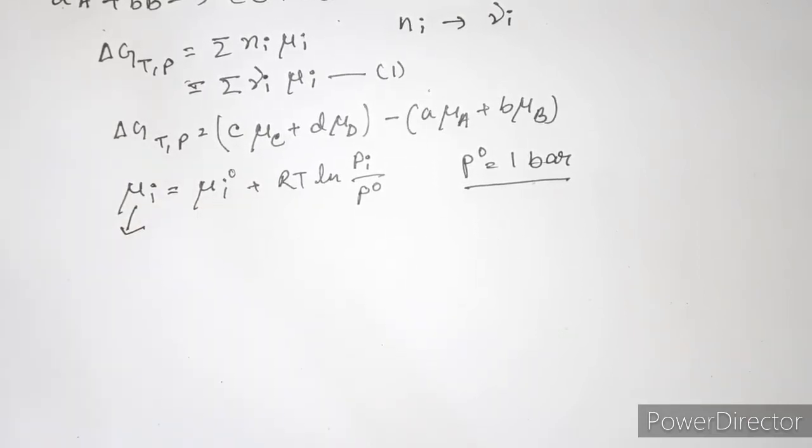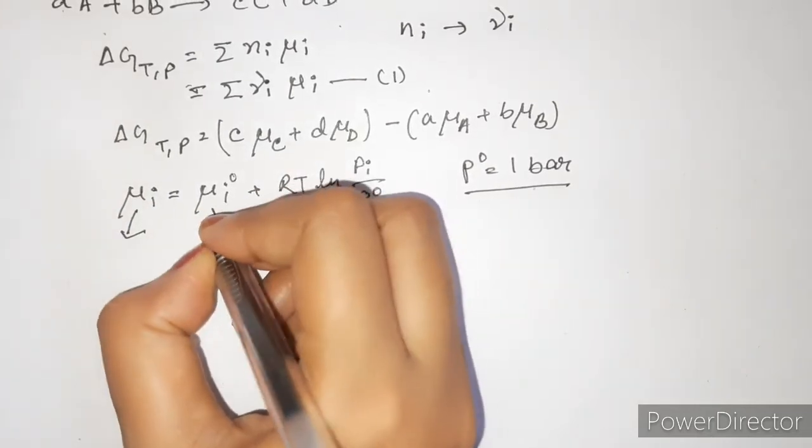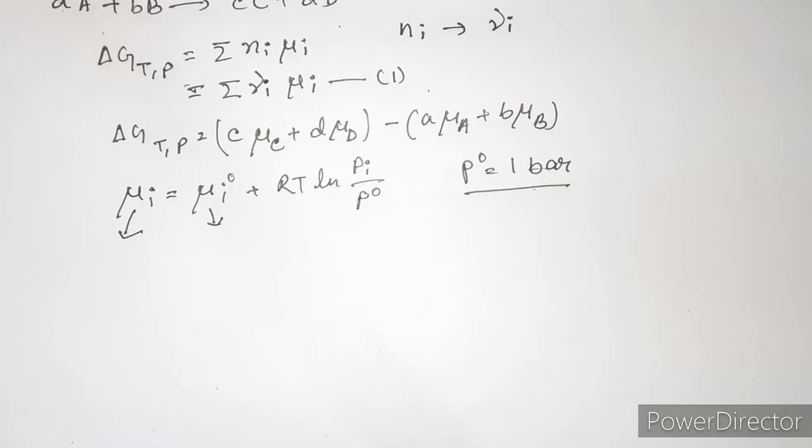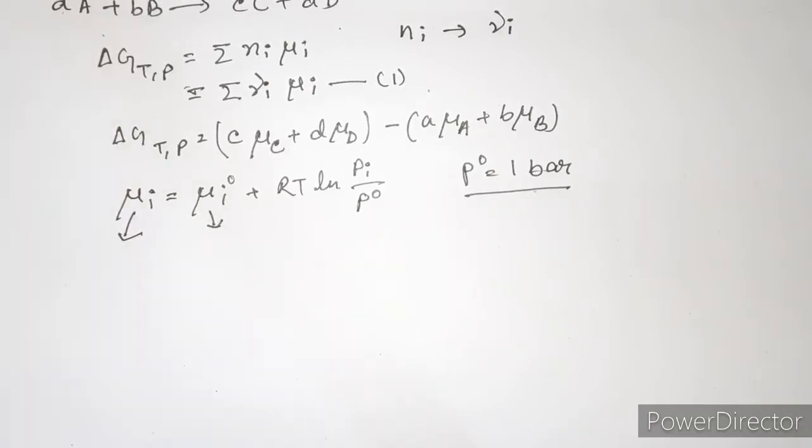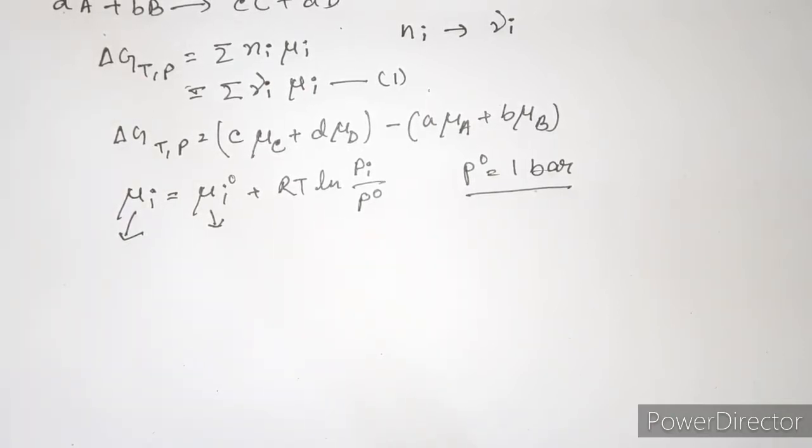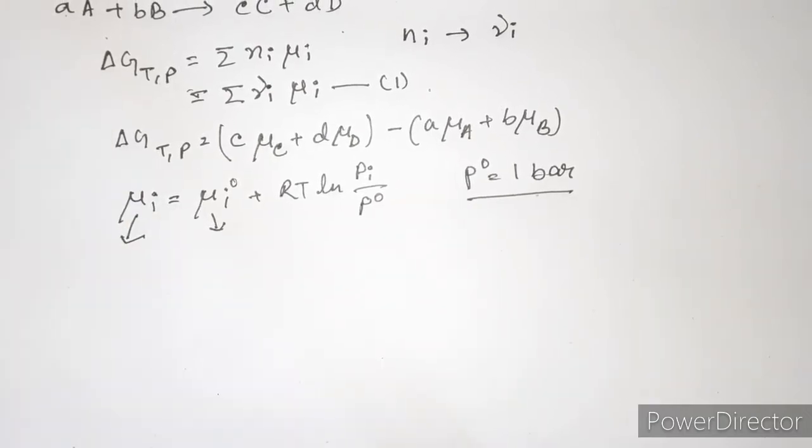Mu i is the chemical potential of the component in the solution or in the mixture, and mu i 0 is the chemical potential at the standard state, that is the pure component, while mu i is the chemical potential of that component when it is in the mixture.